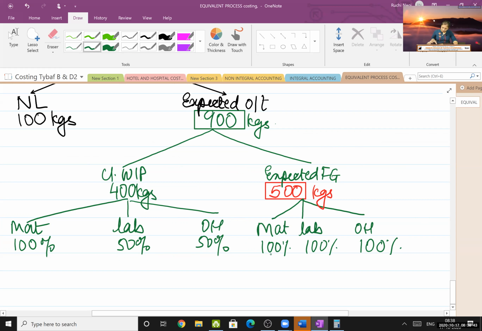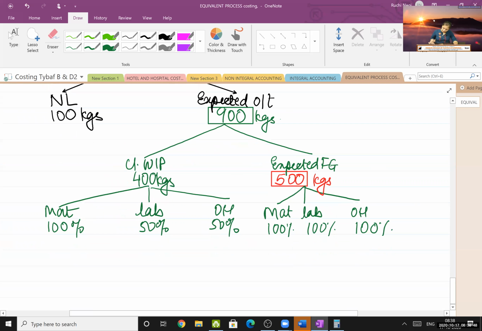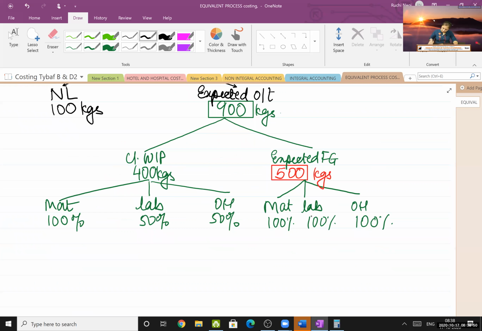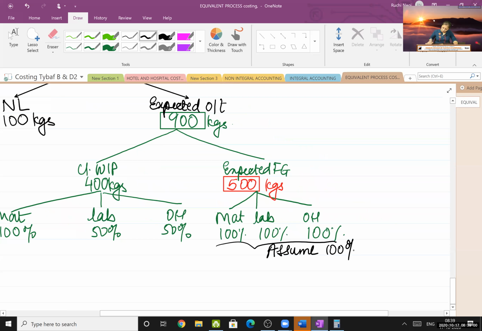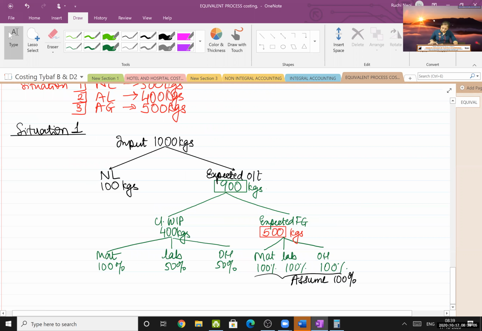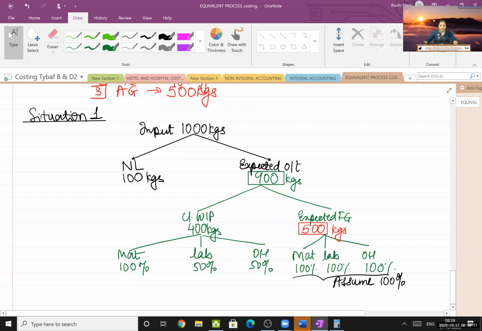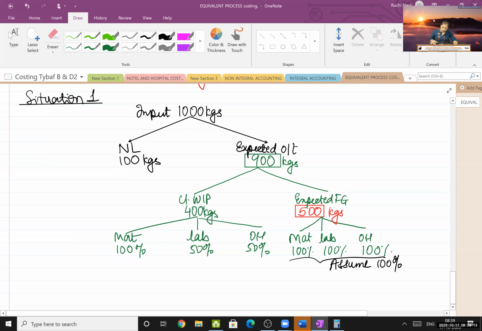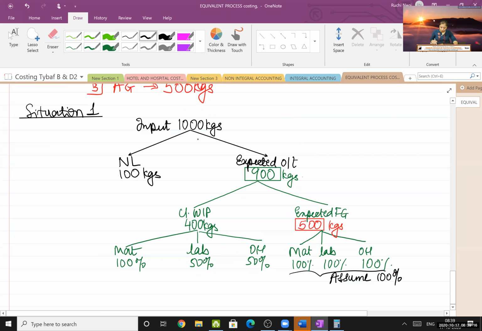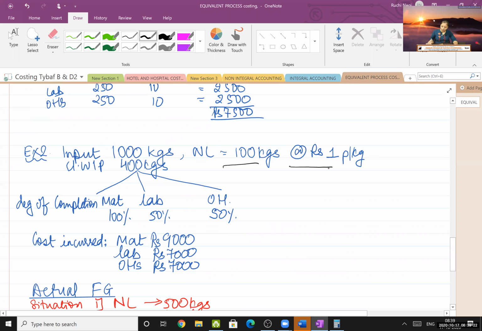Whenever you get a question, you have to first convert it, prepare a diagrammatic presentation so that it becomes easy for you to understand. So there are 1000 kgs of raw material, out of which normal loss is 100.